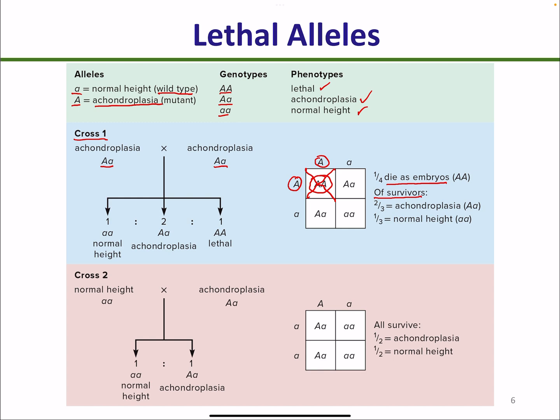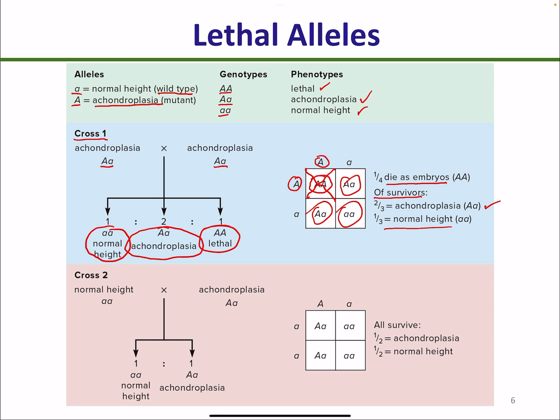Of the 3, you are going to have 2 cases possible with achondroplasia, so that's 2/3, and 1 case of normal height when crossing 2 individuals with achondroplasia. So really, we show here that you have 1 individual with normal height, 2 individuals possible with achondroplasia, and 1 lethal.